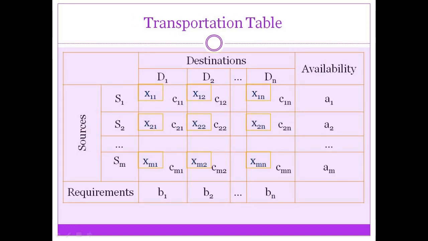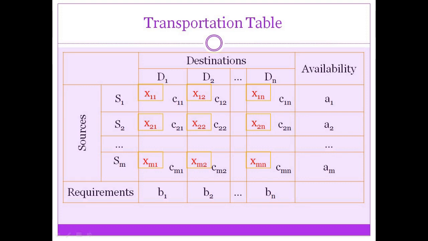This is the transportation table consisting of M sources with the availabilities Ai and N destinations with the requirements Bj. Cij refers to the cost of transporting one unit from the ith source to the jth destination, and Xij is the number of units transported from the ith source to the jth destination.